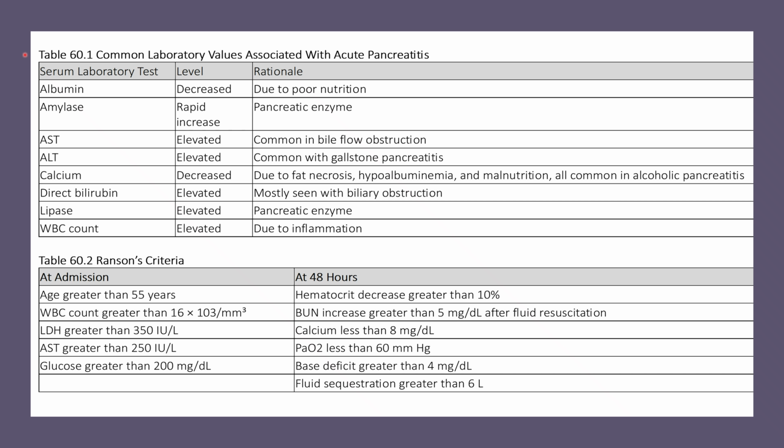Here is Table 60.1, the laboratory values associated with acute pancreatitis: albumin, amylase, AST, ALT, calcium, direct bilirubin, lipase, white blood cell count. And the Ranson criteria: age greater than 55 years, at admission and at 48 hours, the white blood cell count greater, and LDH, AST, glucose greater than 200 milligrams per deciliter.